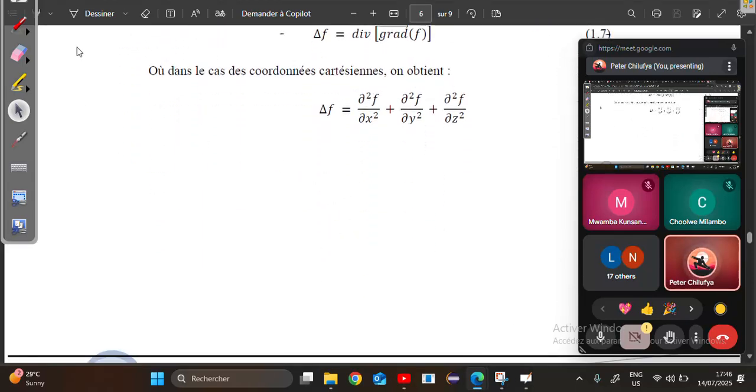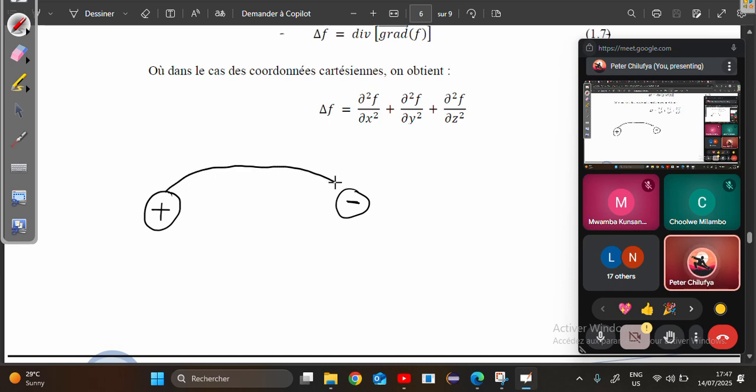A good example is an electric field. I defined an electric field to be, for example, if you have a positive charge and a negative charge, then the electric fields will come out, always diverge away from the positive and diverge into the negative, like this.